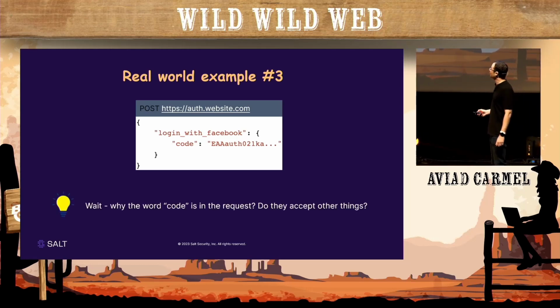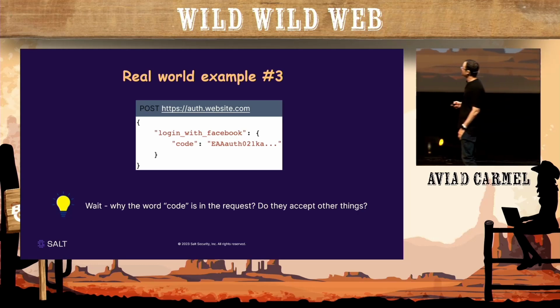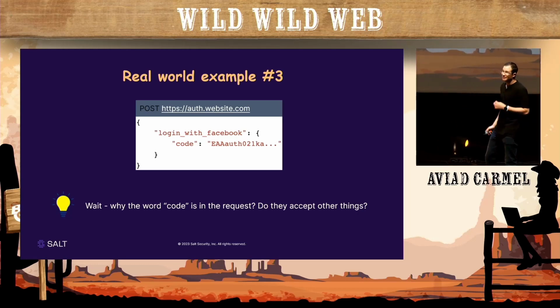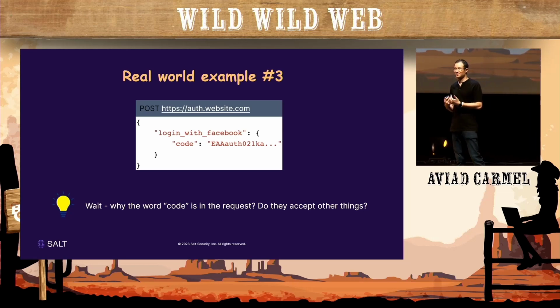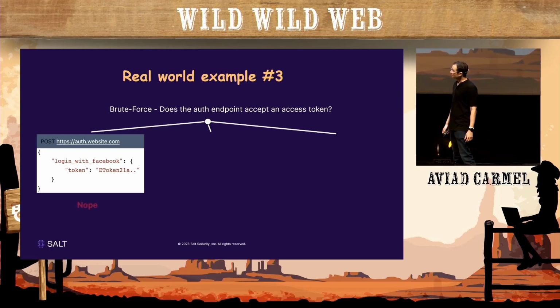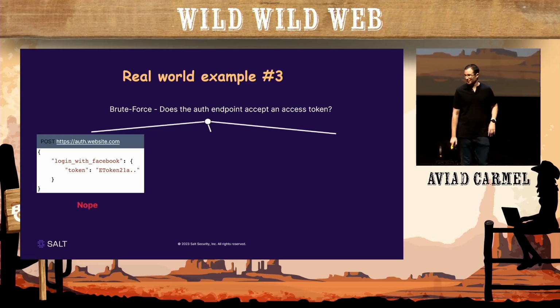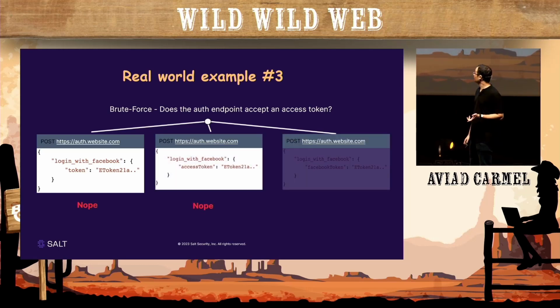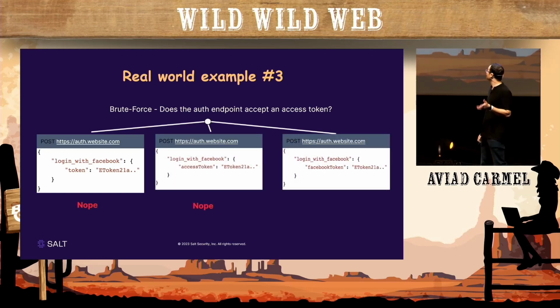The code. Okay. So the question is, why is the word code in the request? Do they accept other things? Maybe I can force them to receive a token. Maybe there is a hidden flow, hidden API. So I tried to use a token, and nope, it didn't work. So I tried to use access token, and it didn't work.